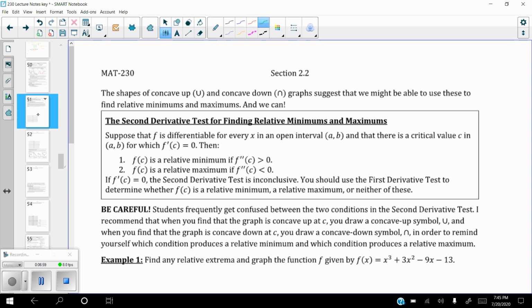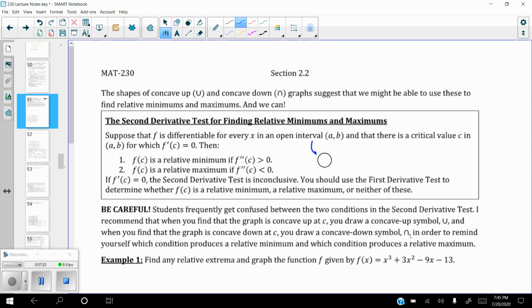If, for example, and this will go with number 1, I say that we have a critical value at some point, and at that point, we can say that the graph is concave up. So let me draw my dot a little bit bigger there. So that was our critical value. The graph is now concave up. I'm just going to erase that.